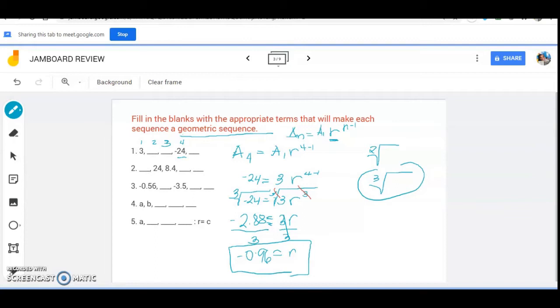Ang value ng R ngayon ay ime-multiply natin sa first term, second term, hanggang fifth term. Okay? So, since that is negative 0.96, multiply nyo nga yung 3 sa negative 0.96. Anong sagot natin?